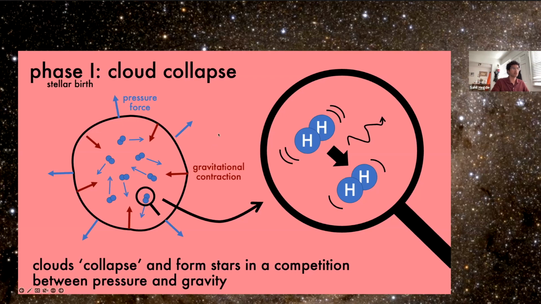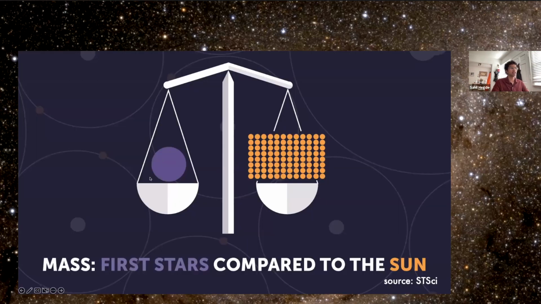What that means in practice is that you get one star that is basically like 100 or 500 times the mass of our sun. So you get this super huge, super luminous star from this process. And it ends up being very simple to think about how these stars evolve because they just have hydrogen in them.